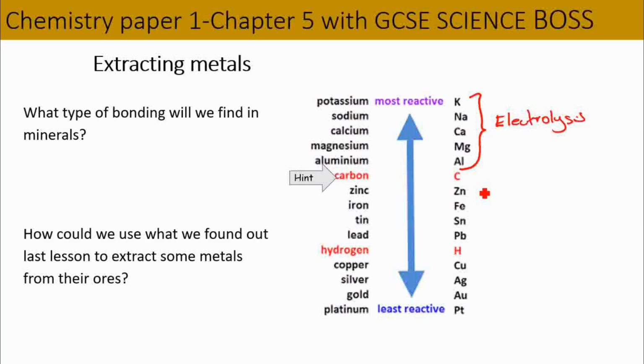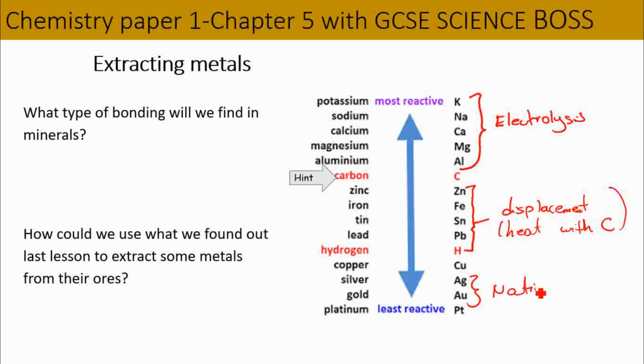Those below carbon, we can displace those elements with carbon. So you can carry out a displacement reaction by heating it with carbon, okay? Good. And those below here, those are found in their native states.